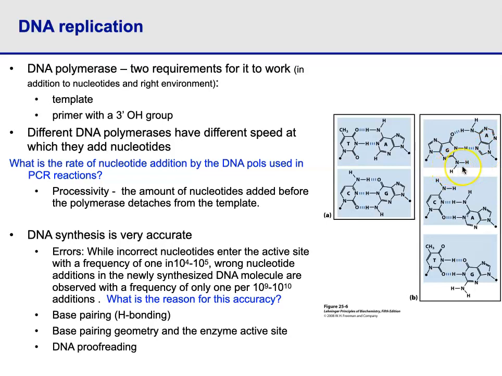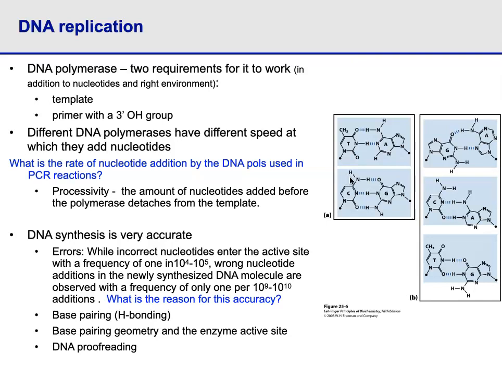It will not fit well into the active site. Same thing if you have a C and you try to fit an A, or a T and you try to fit a G. So you can form these, theoretically speaking, but the geometry of the active site will not allow for these base pairs to occur. Only T and A and C and G will fit within the geometry or the structure or the 3D orientation of the active site.